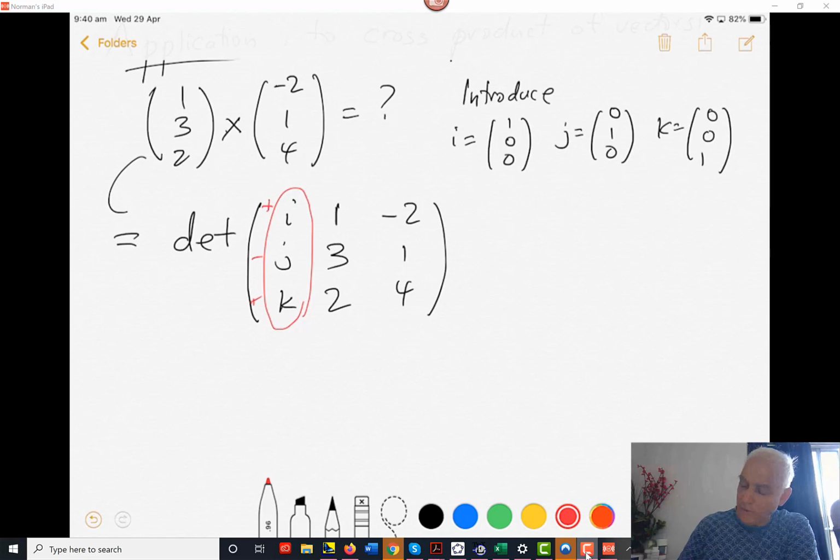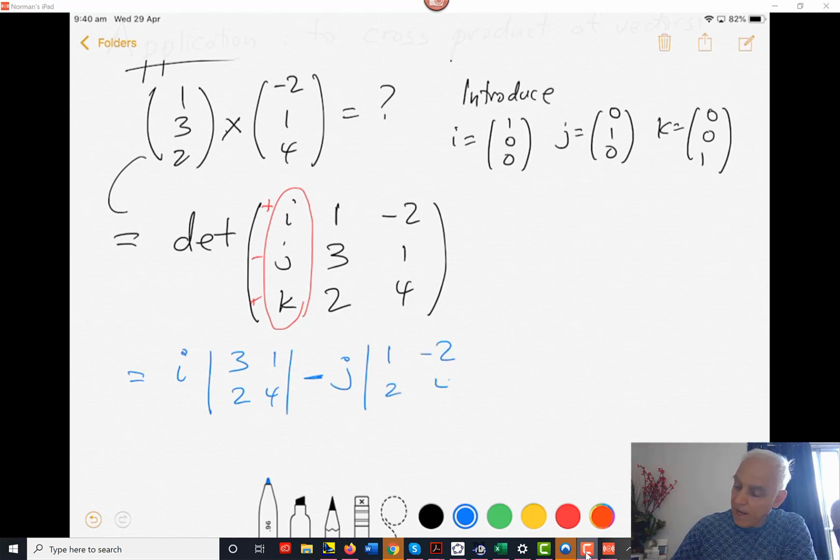So if I expand this out, I would get i times the corresponding determinant. I'm just going to write that determinant out: 3, 1, 2, 4. And then minus j times the corresponding determinant that you get by eliminating that row and column. There'll be a 1, a -2, a 2, and a 4. And then plus k times the determinant 1, -2, 3, 1.